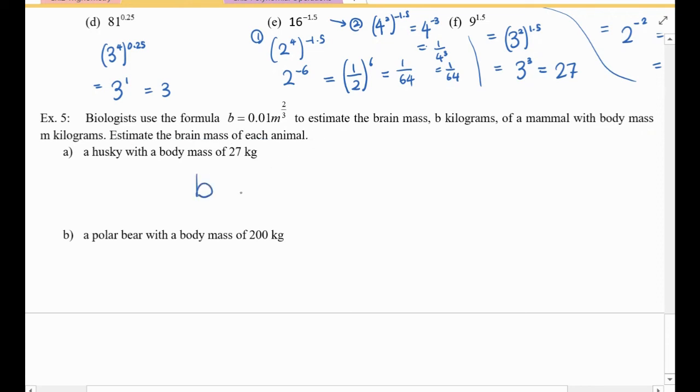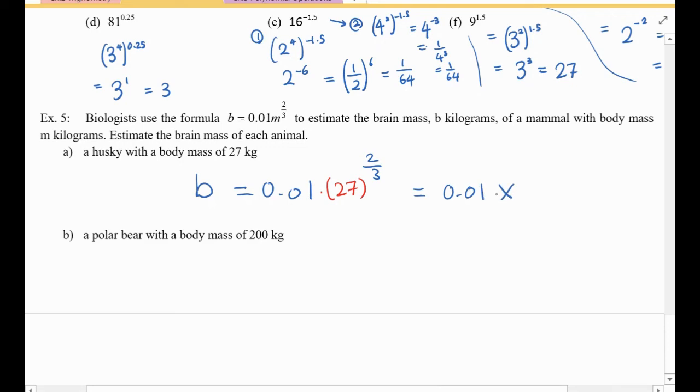So B equals 0.01 M to the power of 2/3, for a husky with a body mass of 27 kilogram. So we're going to put 27. Don't forget to put bracket. Put 27 into M.